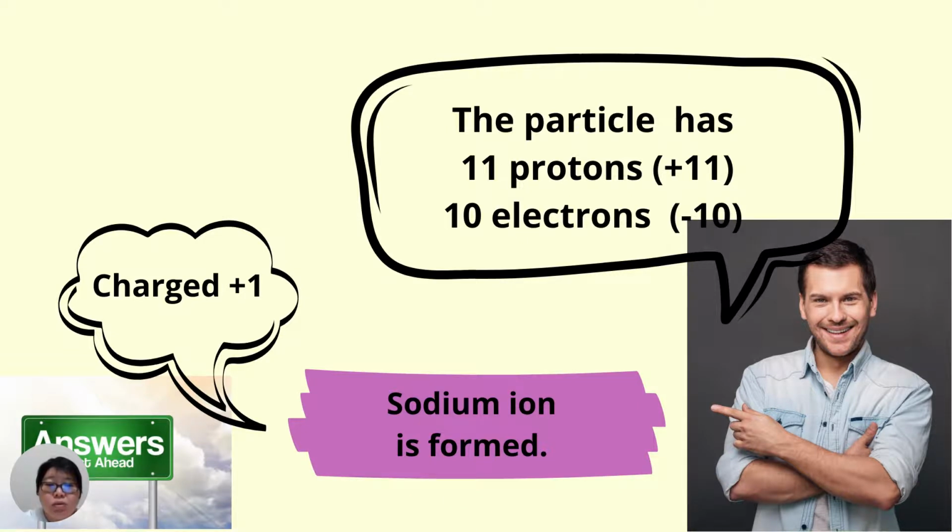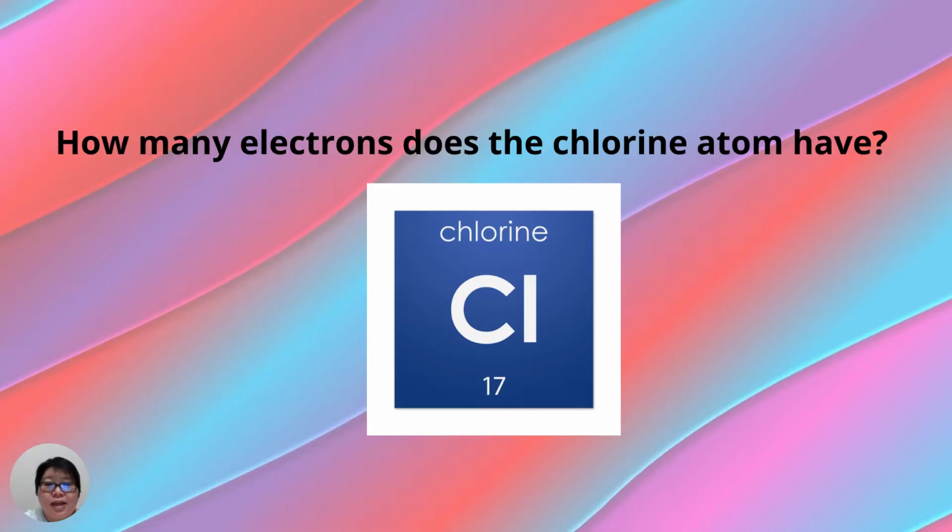When you sum this up, you will find that it is now charged positive 1. When it has a positive 1 charge, this is actually the positive ion, and the sodium ion is formed. So this is the formation of positive ion, where sodium atom donates 1 electron to form a sodium ion, which is a positive ion. I hope you are with me. Now let's see the next part.